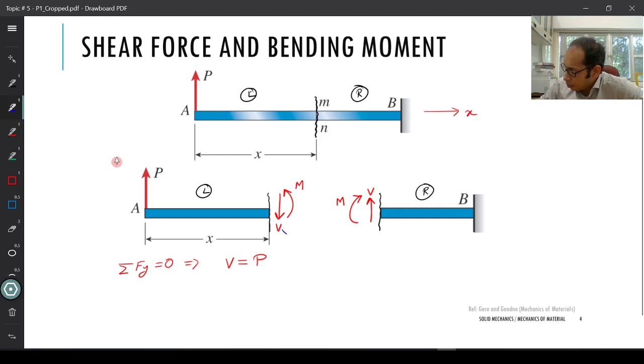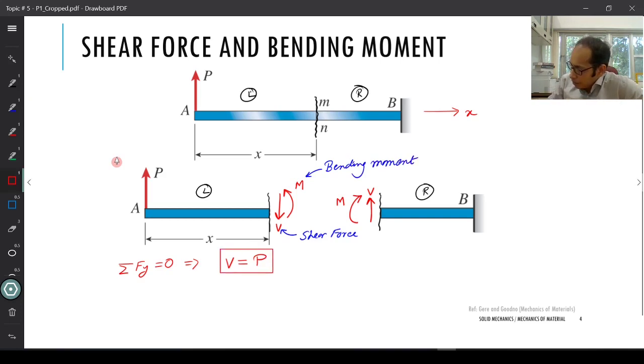So this V over here is shear force, right? And this M is bending moment. So my V is equal to P over here, right?